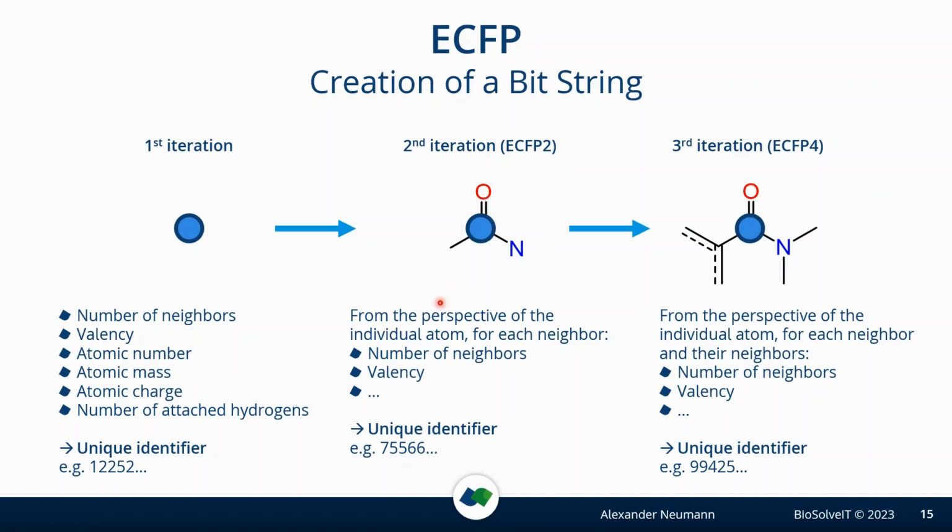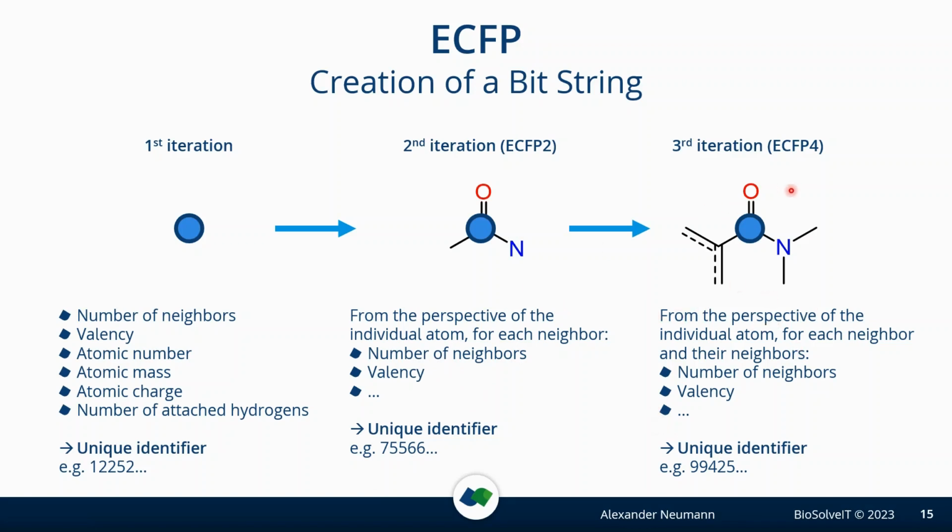So from the perspective of the individual atom, and again, it is done for every atom, we calculate new properties, basically the connections to the other atoms here, here, and here. So everything that we've done here, we do again, but just also for the connected neighbors. And then once we have all those numbers collected, we translate them again into a unique identifier.